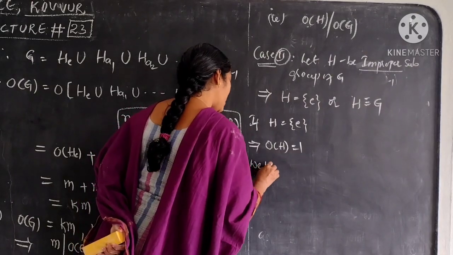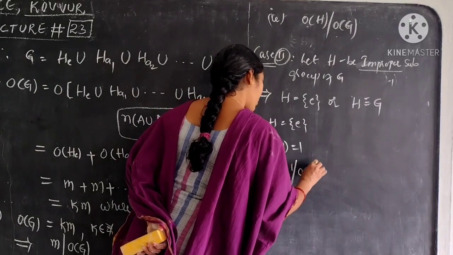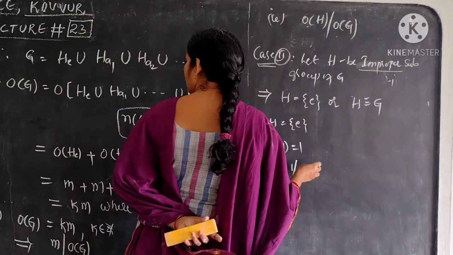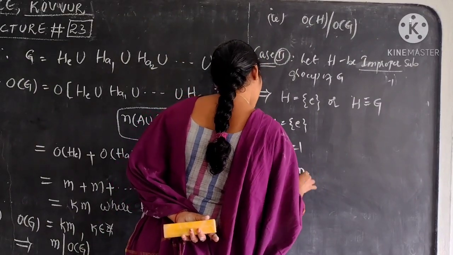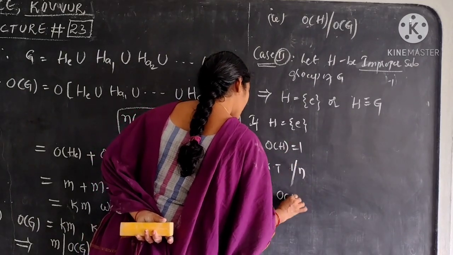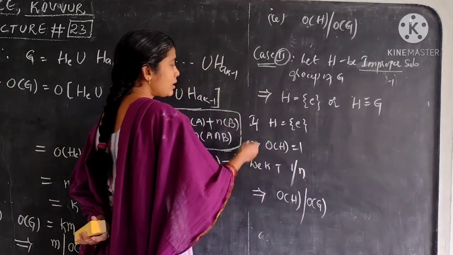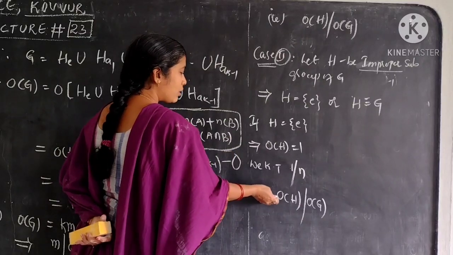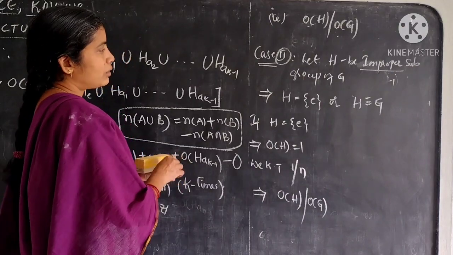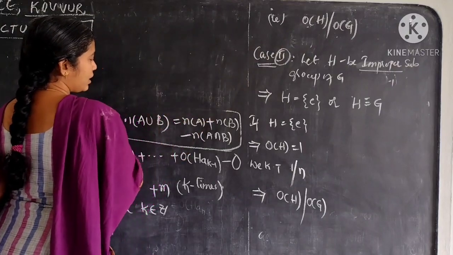We know that 1 is a factor of every number, particularly our n. That implies, what is 1 here? The order of H divides n, meaning the order of G. In the case of singleton {e}, we have proved that the order of H divides the order of G. What is the other subcase?